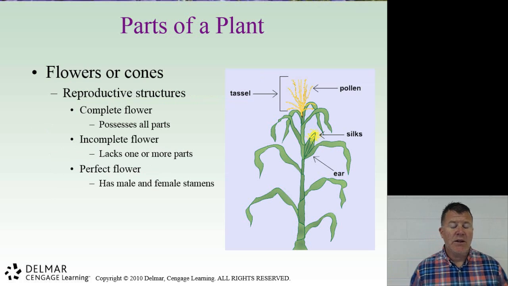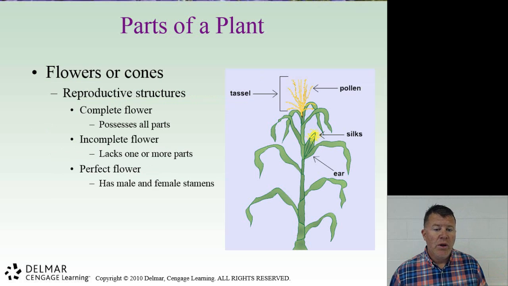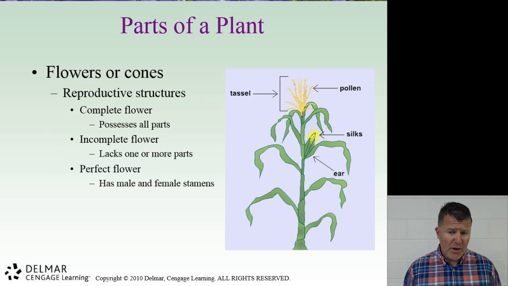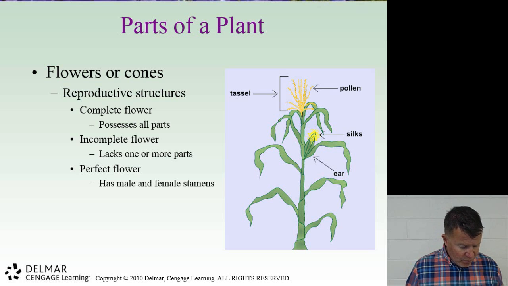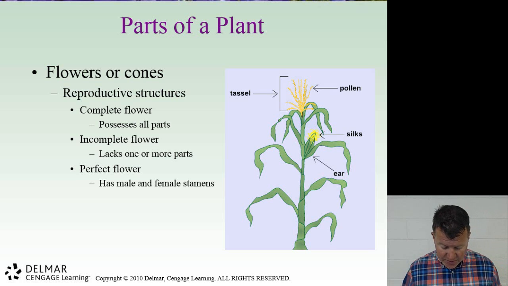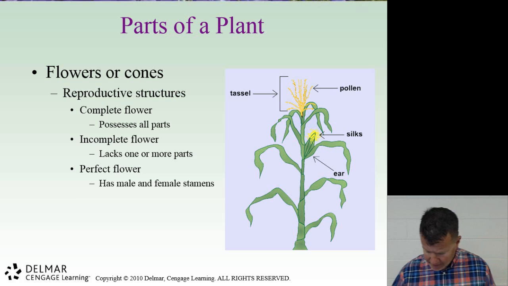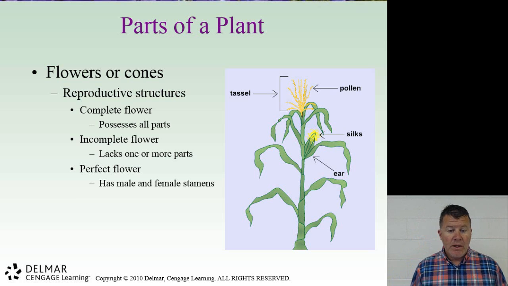Parts of the plant, you've got flowers, you've got cones. Flowers, again, being the angiosperms, cones coming from your gymnosperms. But the reproductive structures, a complete flower. If you wanted to turn to page 9 in your textbook, as I'm doing now, it starts talking about complete flower.